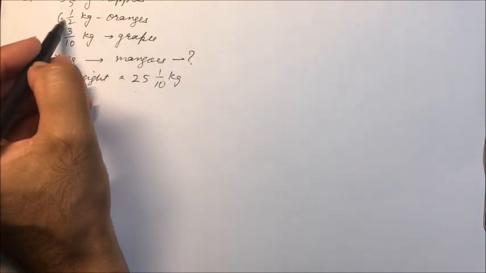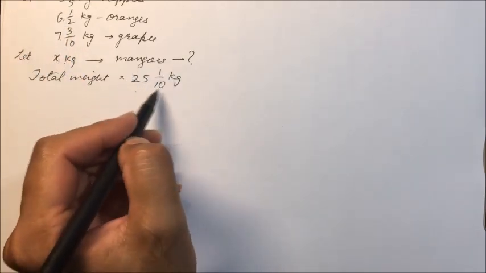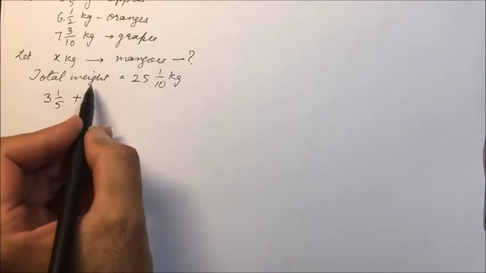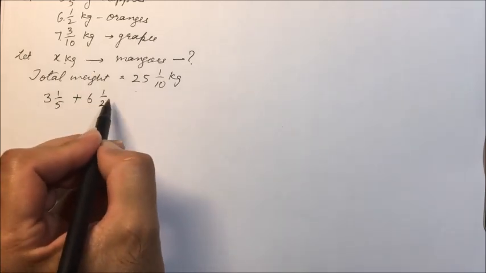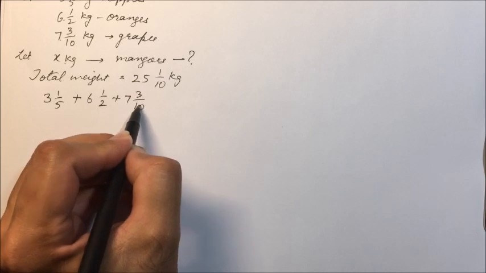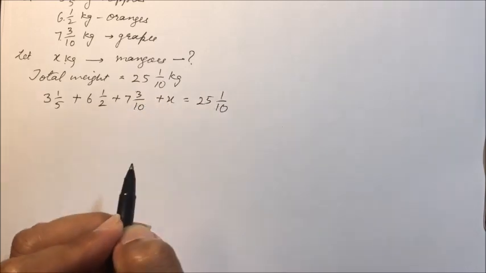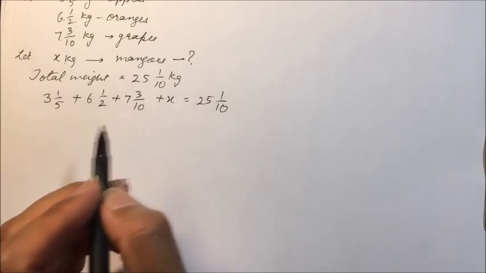So this plus this plus this plus this will be this total weight. So we can write 3 1 upon 5 plus 6 1 upon 2 plus 7 3 upon 10 plus x equal to 25 1 upon 10. So I will be using second method.